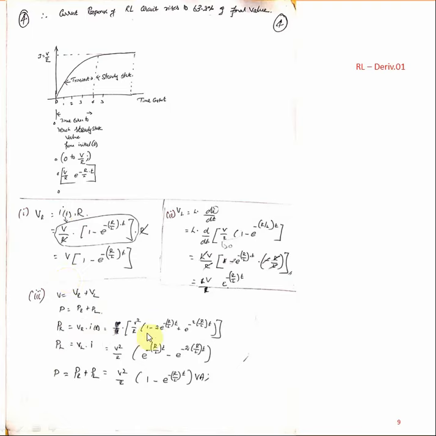Then substitute the VR value into I and the VL value into I, then you get the PR value and the PL value. Then add these two, and you get the answer.